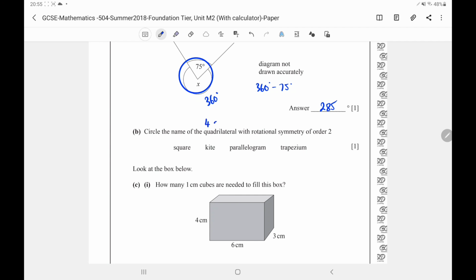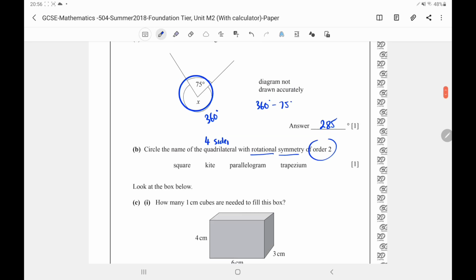Circle the name of the quadrilateral with 4 sides with rotational symmetry of order 2. So what that means is whenever you turn the shape around, it's going to look the same twice whenever you make one full turn.